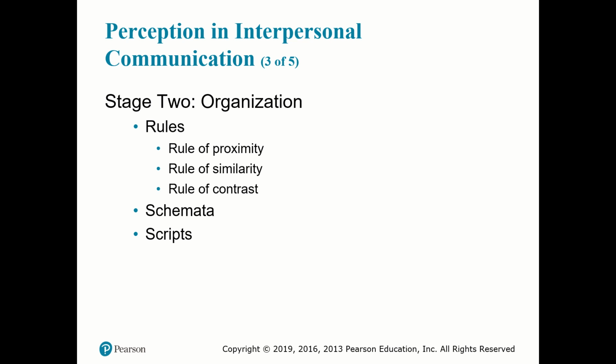Then you have the rule of similarity. Because 2 things look alike, they must belong together. Again, it's not always accurate, but at times we make that connection. The rule of contrast is exactly the opposite of similarity. If we see 2 things that are together that don't seem to belong together, we will disassociate them from each other and assume something is off.